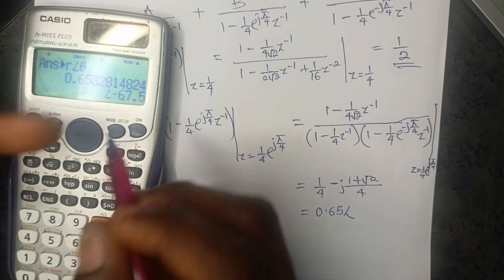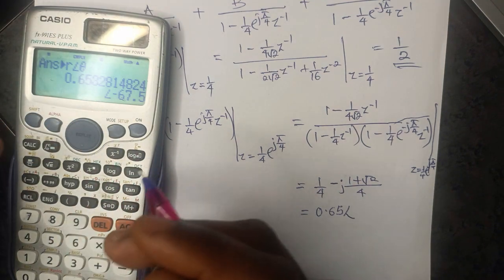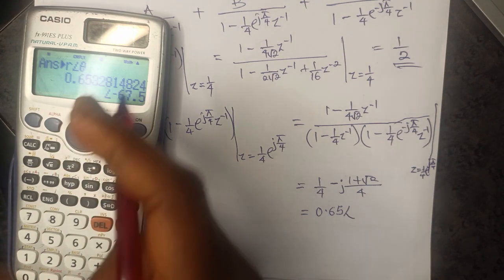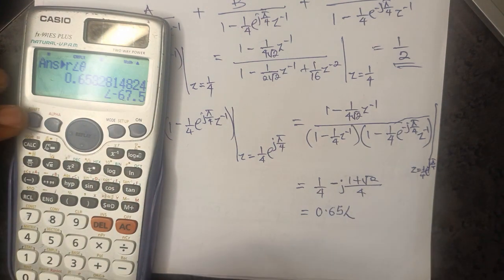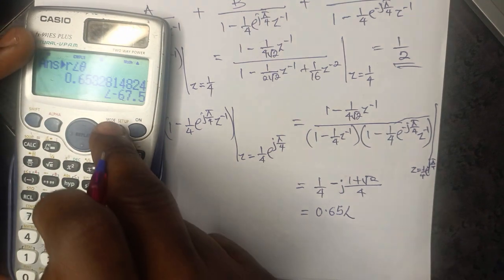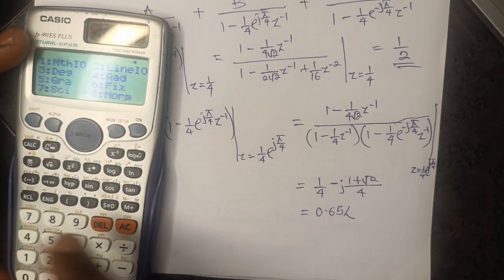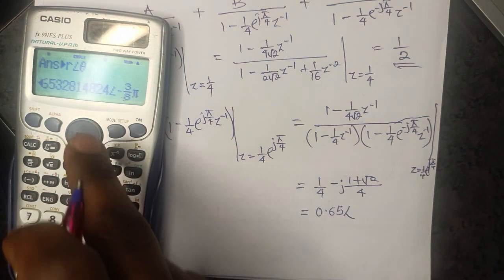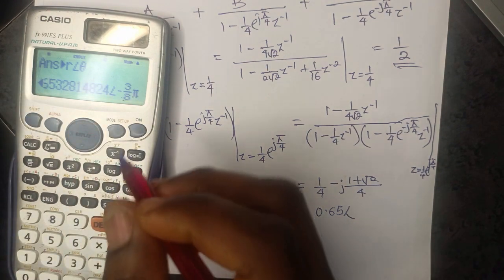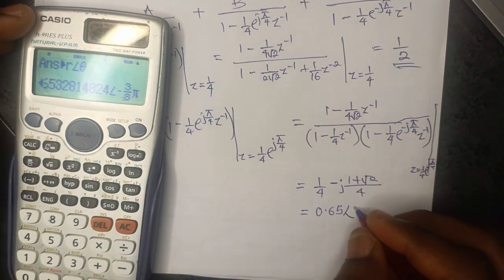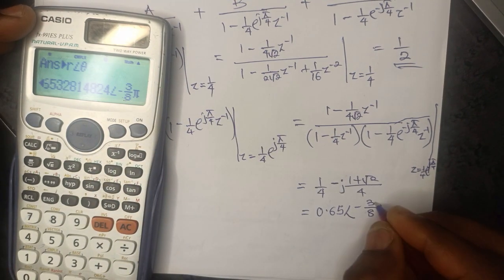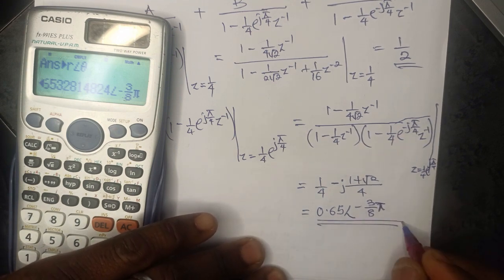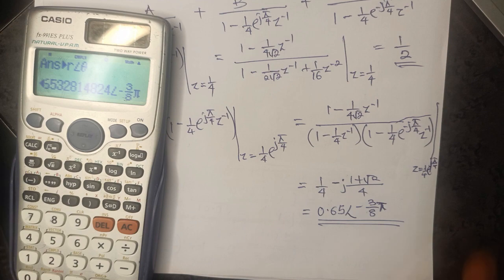If we want it in radian form, we can say shift mode 4 to convert it back to radian. The magnitude still is 0.65, but the angle this time around is minus 3 all over 8 pi. So this is going to be the final answer.